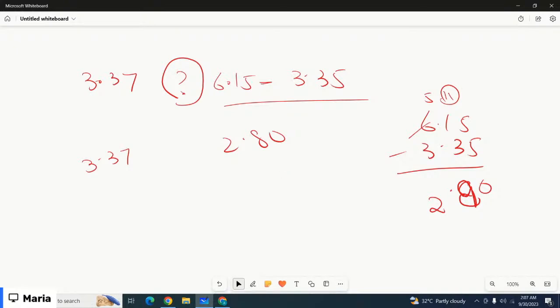So yes, 3.37 is greater than 2.80, right? That would be greater. So that's how you have to solve the inequalities, right?